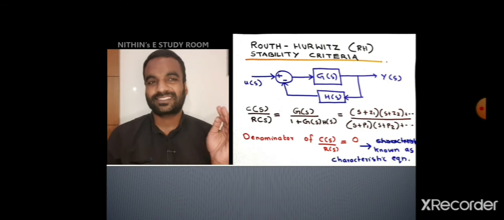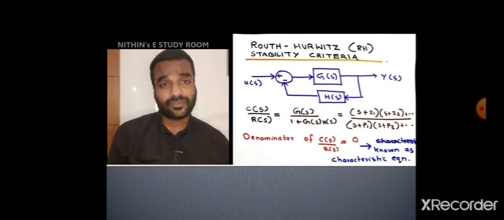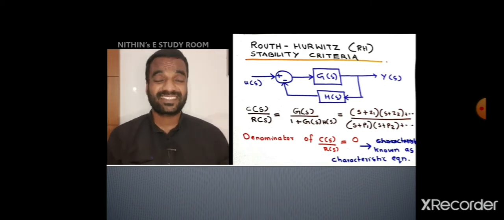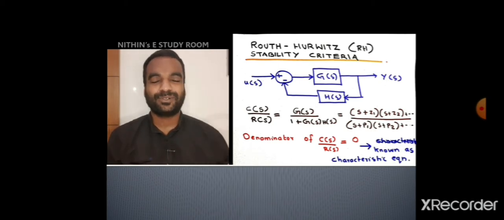We are only discussing the denominator. So (s plus p1), (s plus p2), that term we are discussing, and that should be equal to 0. Denominator of the transfer function should be equal to 0. That is known as the characteristic equation. And don't forget to put this 0. If you forget to equate that to 0, it will be entirely meaningless.